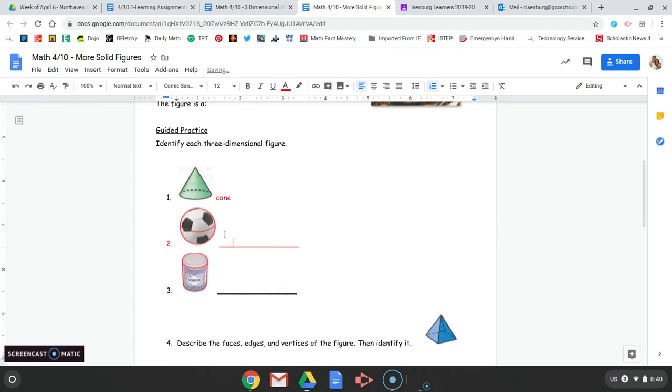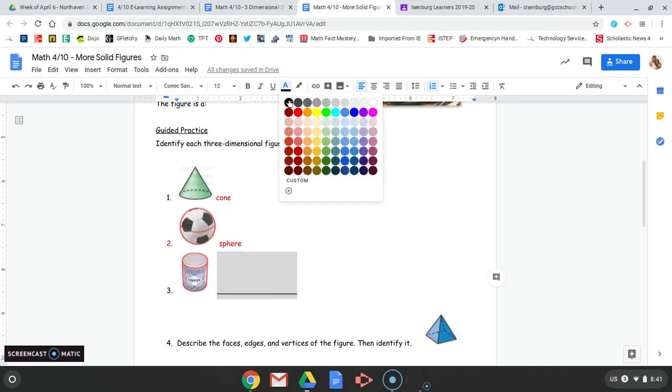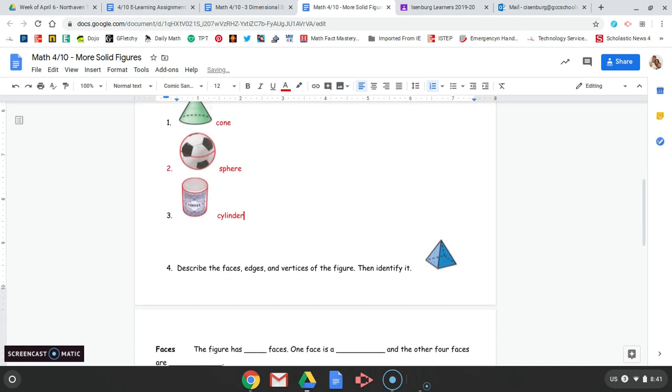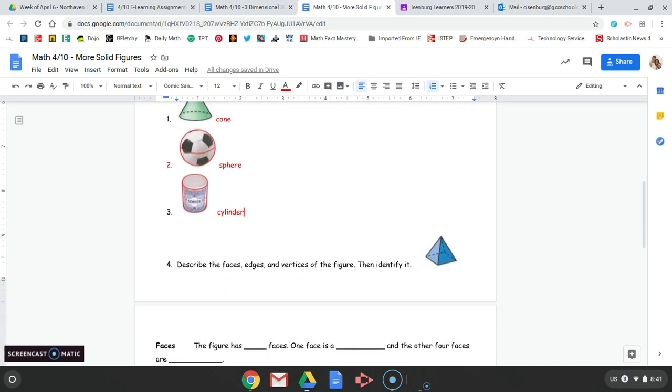Thank goodness we have the undo button. All right, so now we have sphere. And then this last one is a cylinder.